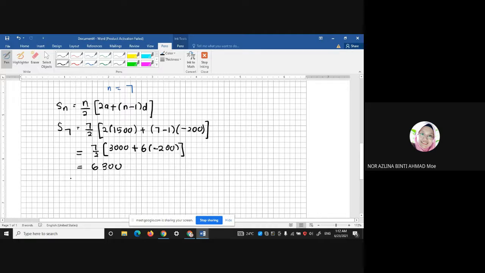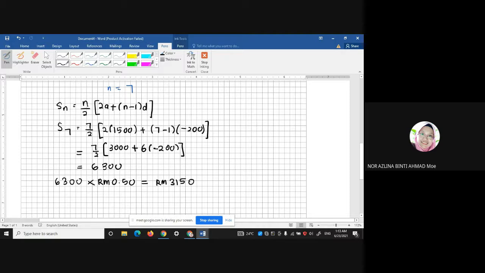Okay, 6,300. Maknanya selama 7 hari tu ada 6,300 ayam yang dia pernah bela. Jumlah ayam dia. Okay, sebab seekor 50 sen kan. Sekarang bila ditotalkan 7 hari tu, dia kena belanjakan untuk perbelanjaan 6,300 ayam. Darab RM 0.50 untuk 50 sen.